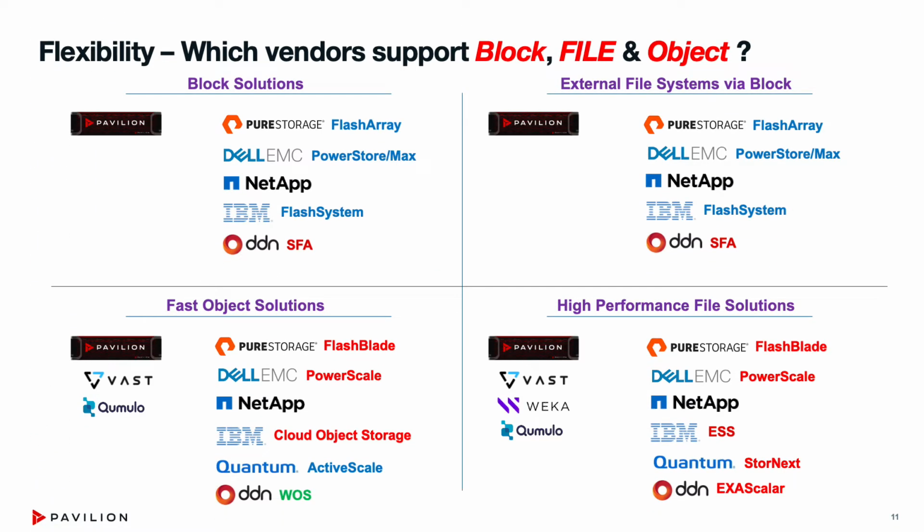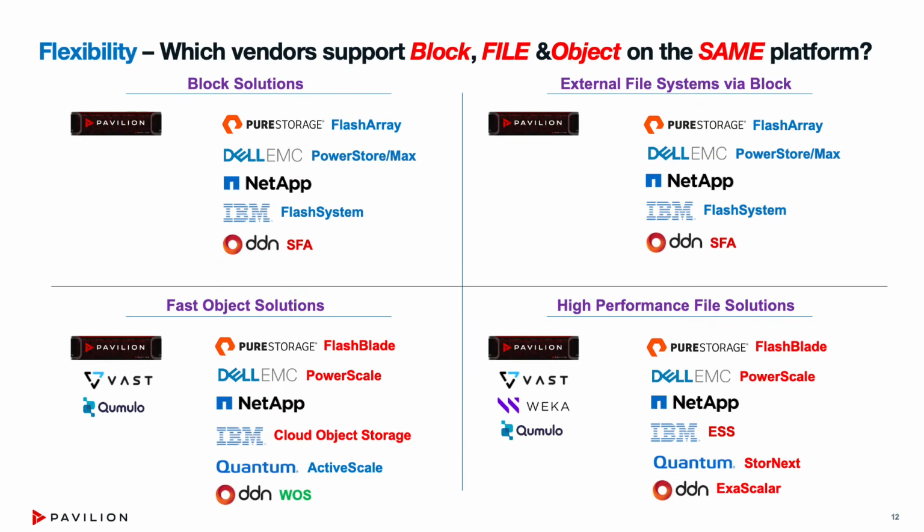So which vendors support block, file, and object? Well, that's not VAST, that's not Qumulo, that's not Weka. It's these platforms, these vendors. But you'll notice every vendor has different platforms. Next question, which vendors support block, file, and object all on the same platform?